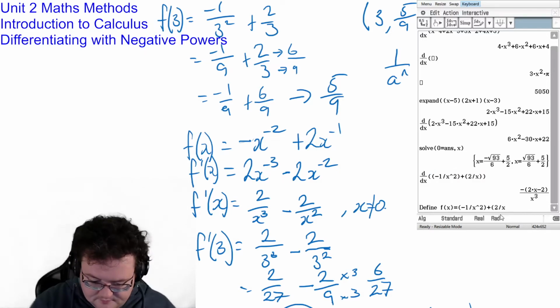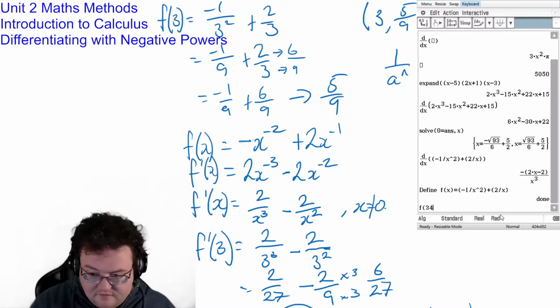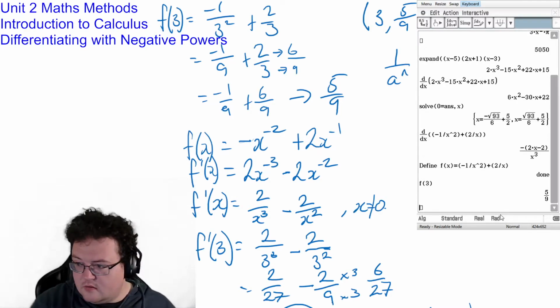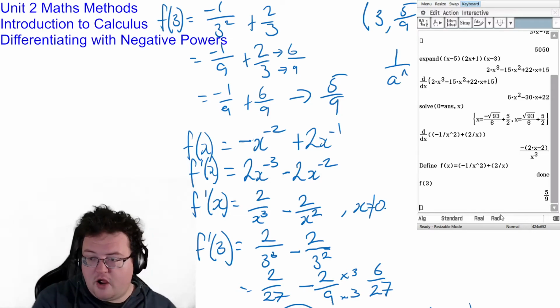Drag that down. So now when I do f of 3, it gives me 5 over 9. So cool, I know I'm on the right track. I know my answer's correct so far.